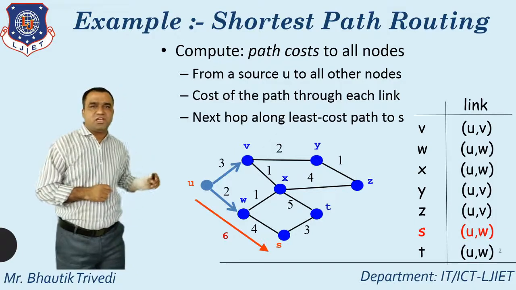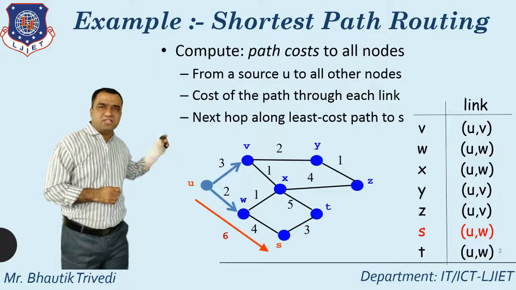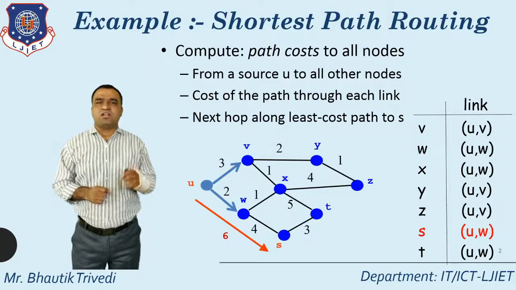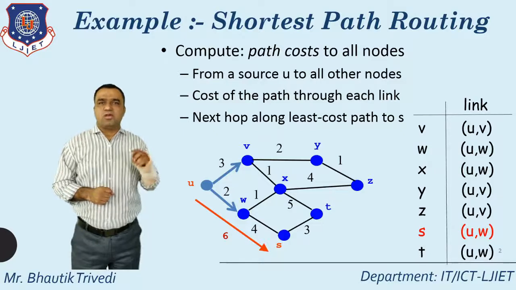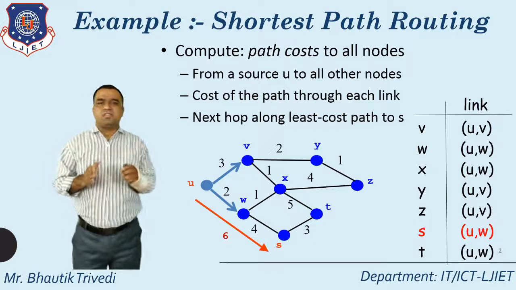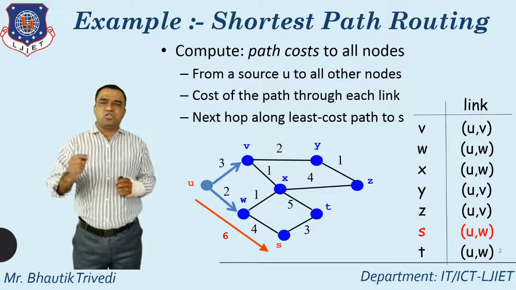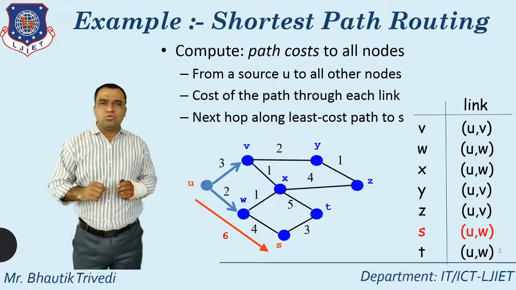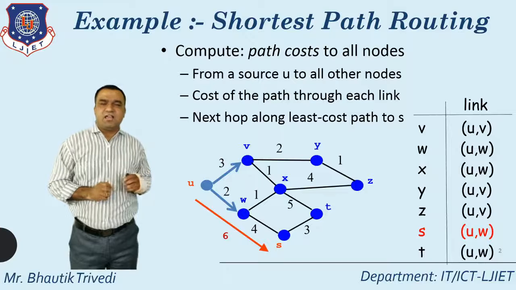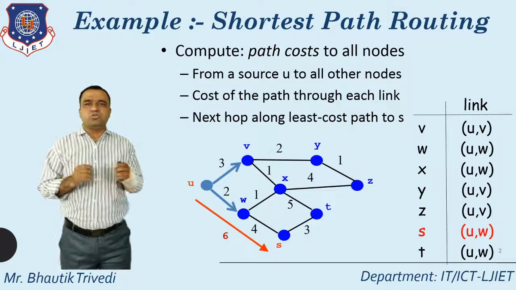If I want to measure the cost of the path through each link, at that time I focus on the concept of the next hop. Next hop along the least cost path to S means here I measure with the source node as U and the destination node as S, and I find out the least cost from U to S.